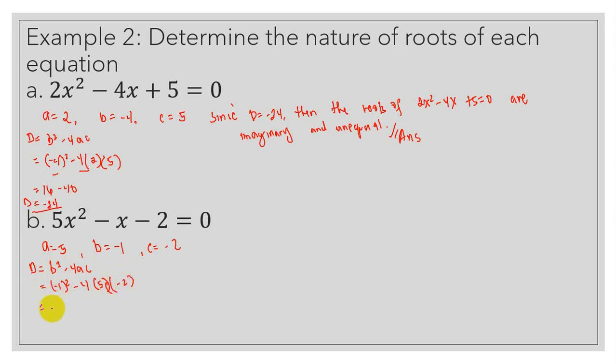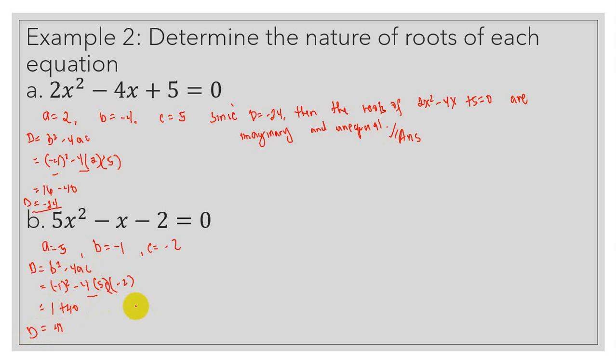Simplify. Negative 1 times negative 1 is 1. Negative 4 times 5 is negative 20. Then negative 20 times negative 2 is positive 40. 1 plus 40 is 41.